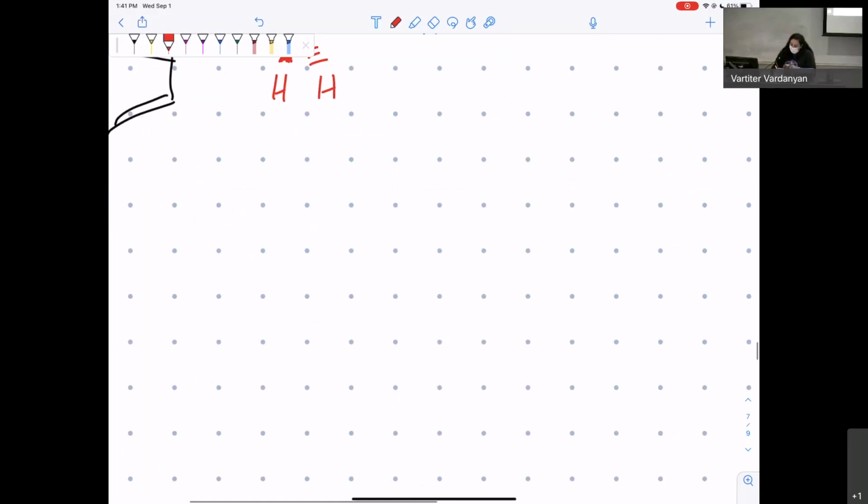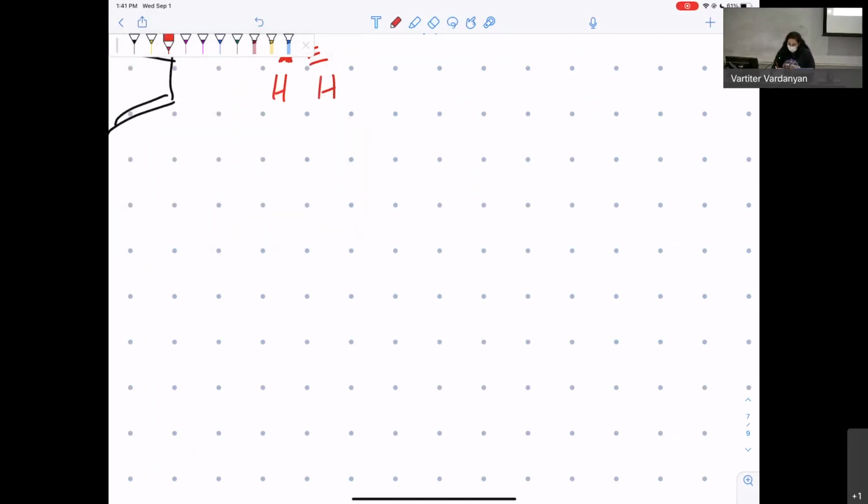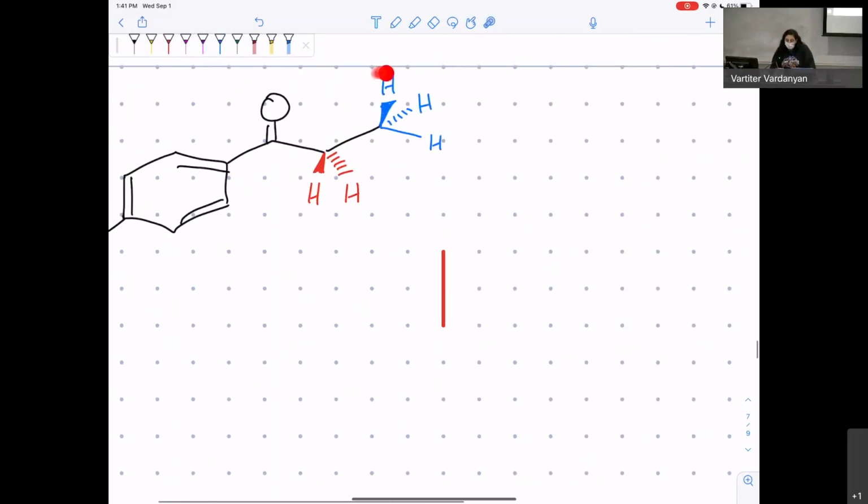So we're going to make that signal a line, a little bit thicker of a line. Each one of these neighboring hydrogens is going to split this signal into 2 signals. So I'm going to call them H1, H2, and H3.